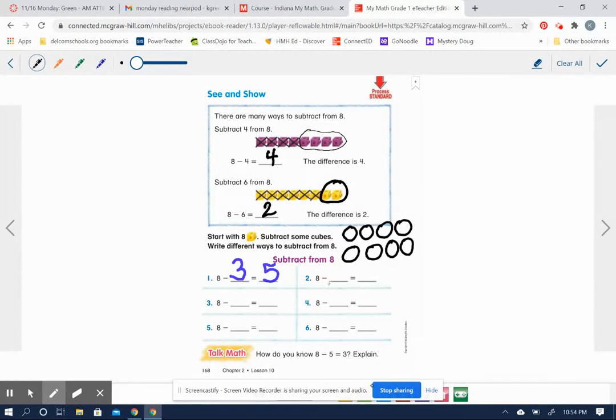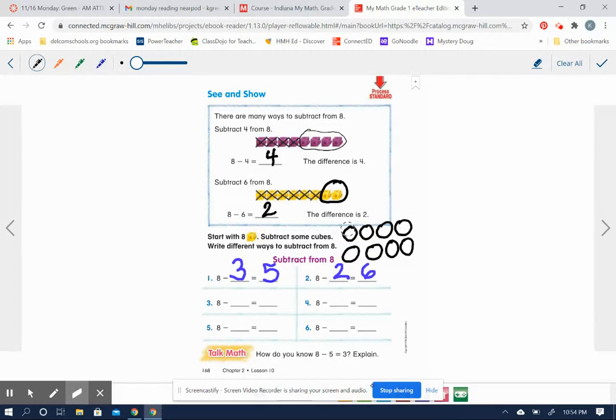All right, 8 minus, now let's say, how many should we subtract? Let's subtract 2. Okay, and how many are left? Oh, we got to write it. 8 minus 2. 1, 2, 3, 4, 5, 6. Okay, now let me erase these so we can do another one.